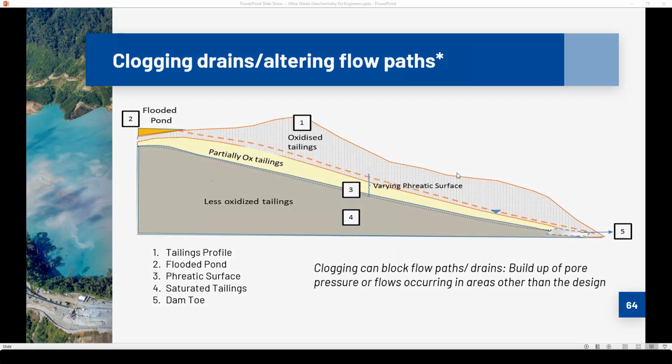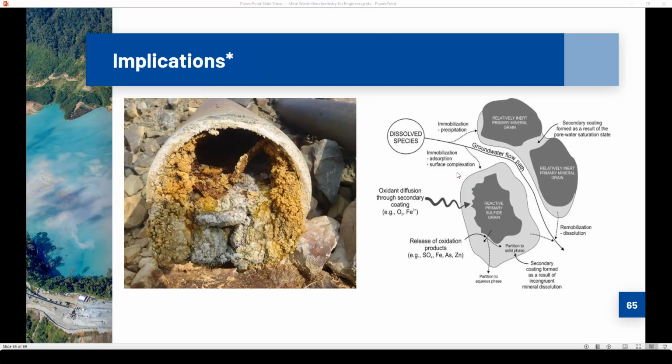So just to show you some examples there, here is a drain which has been almost fully clogged by the precipitation of mostly iron oxyhydroxide precipitates. By clogging that drain, the flow path out of the tailings facility has been limited or reduced, and that means that the water flow path has to find another pathway.